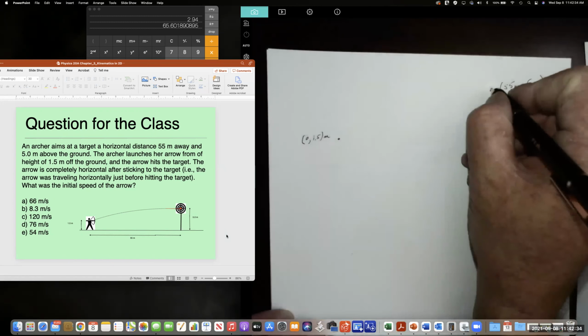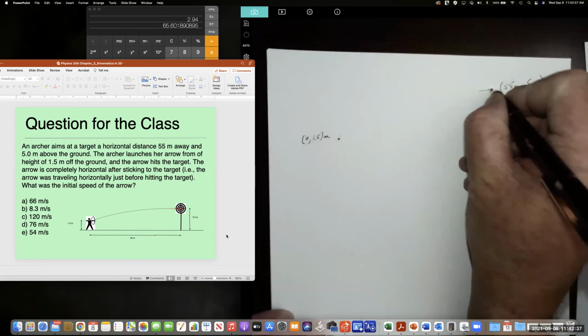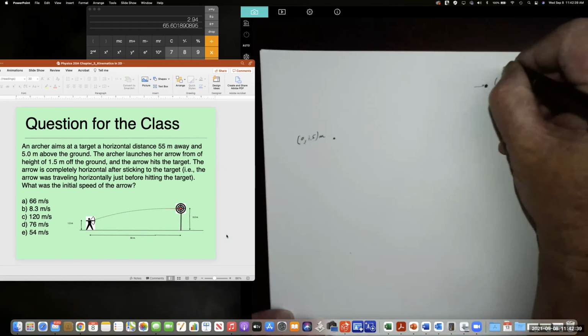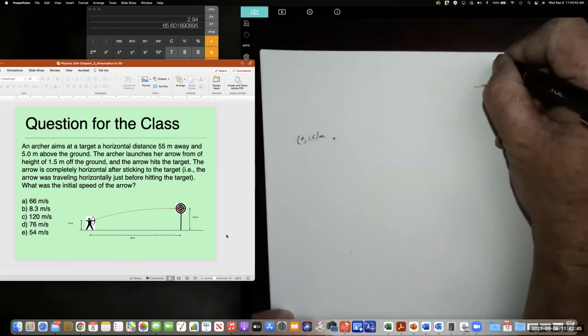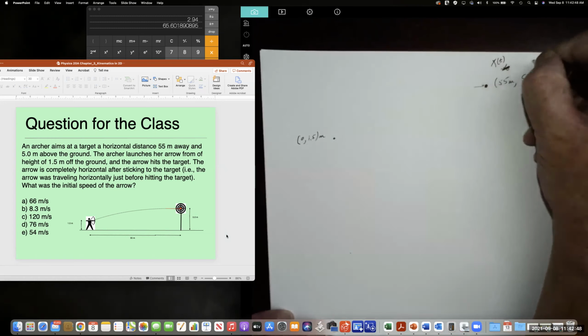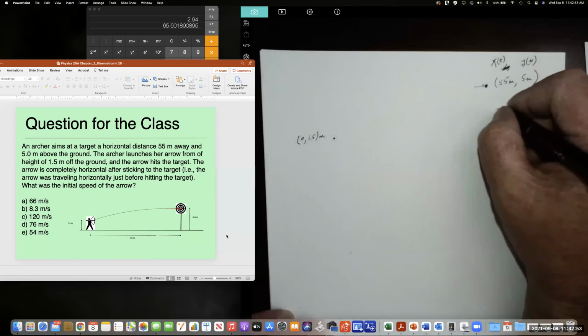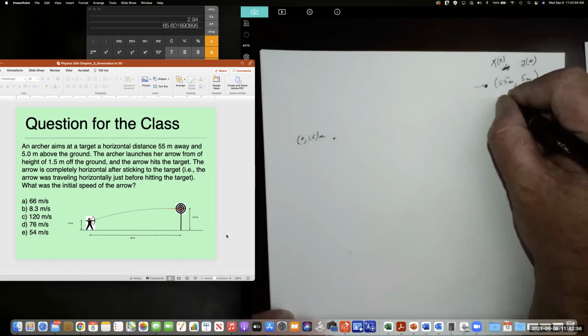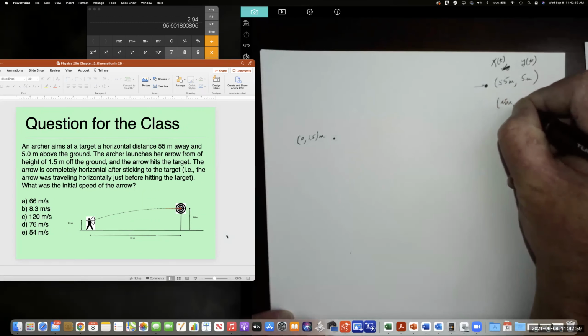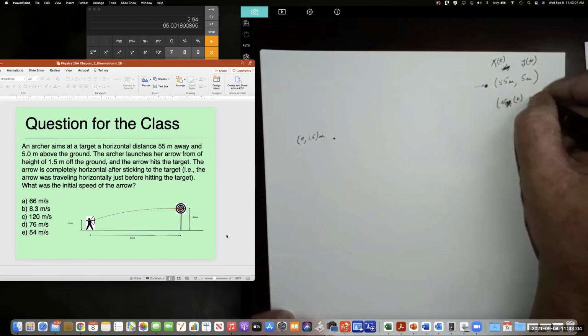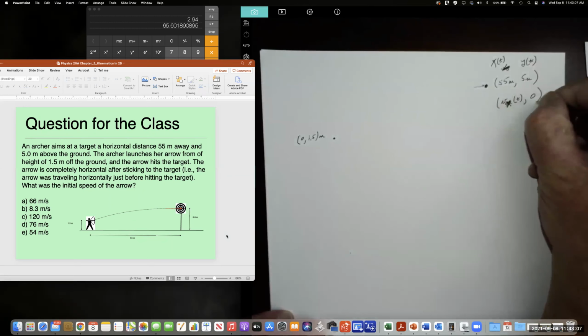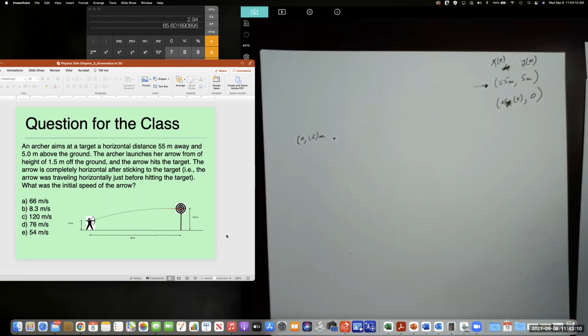And over in this position here, when it hits at this position, so this is x0, x of some t, and this is y of some t. And I have v sub x, t, and 0, because we're given 0 y velocity.